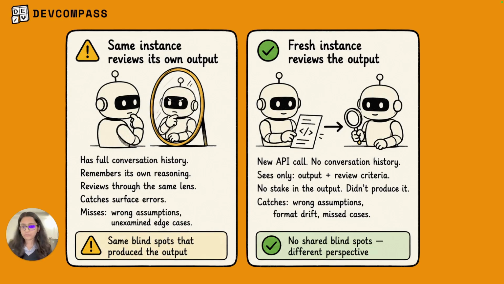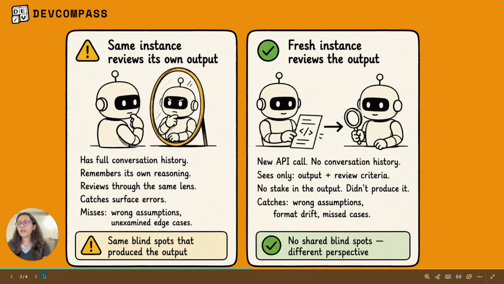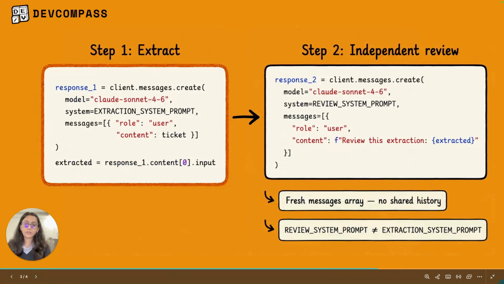So no shared blind spots, very different perspectives, and that is the right way to verify or review Claude's output. The visual distinction between the cards really matters. One is a Claude in a loop with itself and the other is two independent perspectives on the same output, and we will see how we do that via the configuration code.